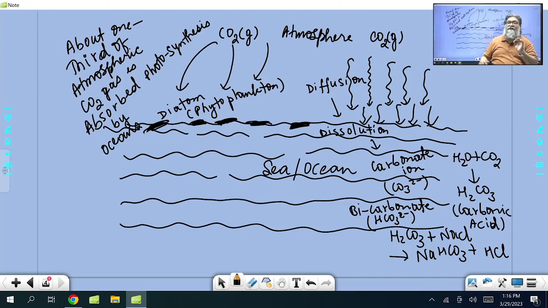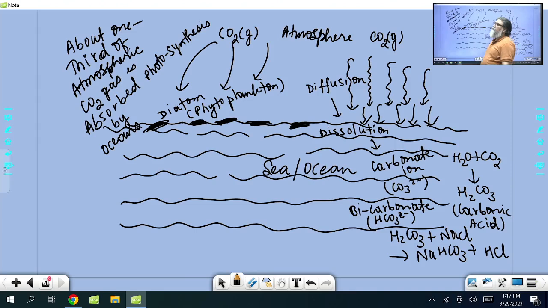Many times you have read this word, carbon sink. Ocean is a natural carbon sink. Imagine that 1/3 of the CO2 gas in the atmosphere gets captured by oceans, and there are two processes: one, photosynthesis by algae and phytoplanktons, and second, direct diffusion and dissolution, right? This is also part of the carbon cycle.